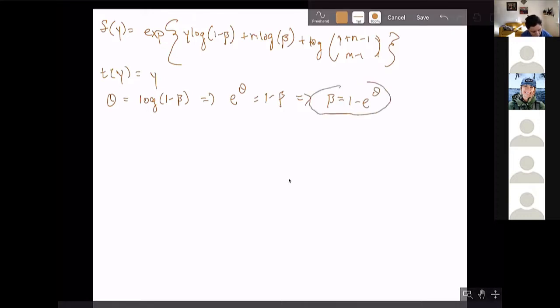So that seems okay to me. We can transform from theta to beta, and we don't end up with something like taking a log of a negative number or anything like that.